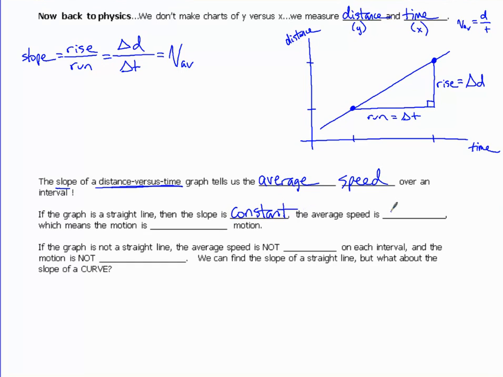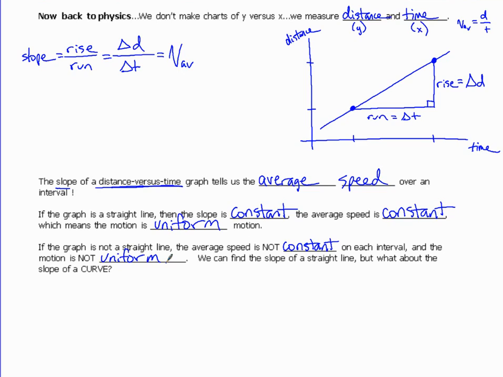That means the average speed is constant, which means the motion is what we call uniform motion. If the graph is not a straight line, the average speed is not constant. And the motion itself is not uniform.